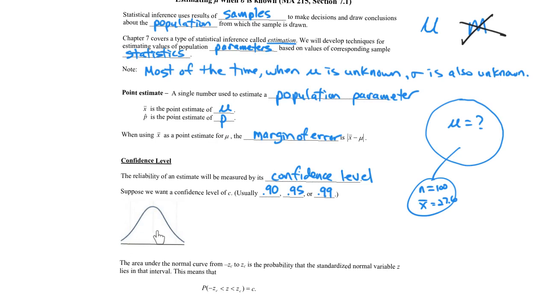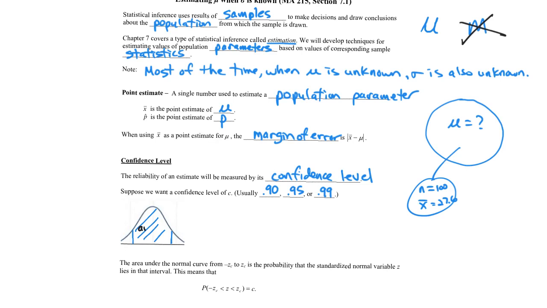But let's say, to see how this works, we've got a standard normal curve here. So if we want a confidence level of C, which is usually going to be one of these, it's just the area underneath here. So if we go, just make something up here, about like this, and we want this shaded area.